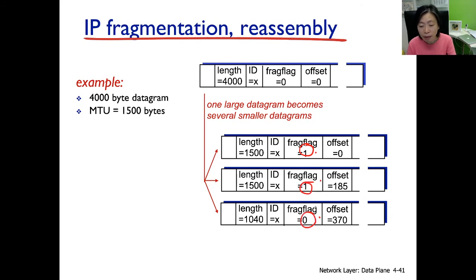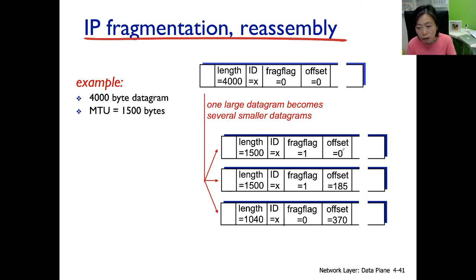Only the last one carries the flag 0. So the one carrying the flag 0 is the ending datagram. Now, these two would both be carrying 1, saying that they are earlier datagrams. But which one goes first and which one goes second? You can look at the offset. Those carrying smaller offsets are earlier.